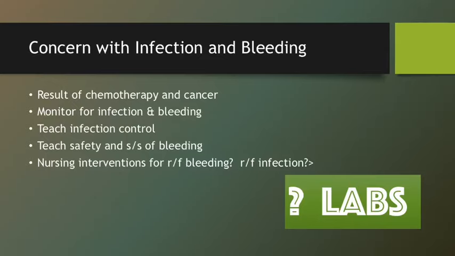If they're bleeding, they may not be getting blood to that area. What else? We're talking about the risk for bleeding issues here. So what specific to bleeding? Electric razors, limit sticks, soft bristle toothbrushes, right? Helping prevent falls and injury.